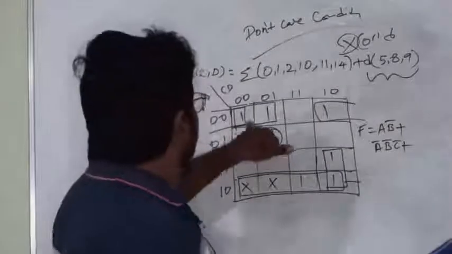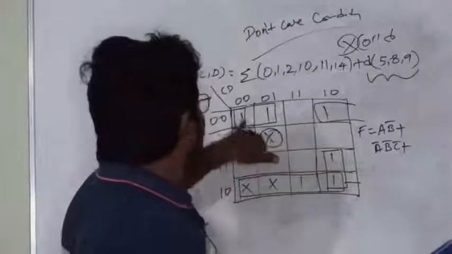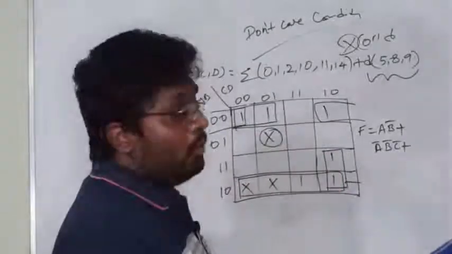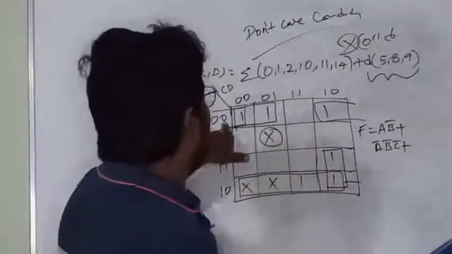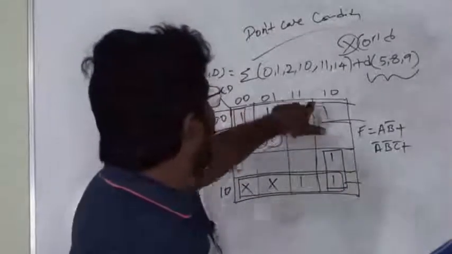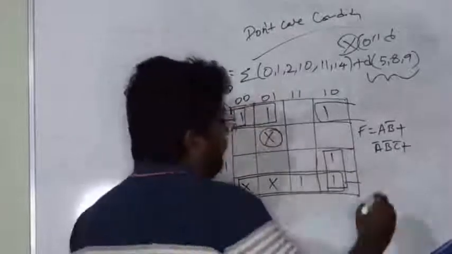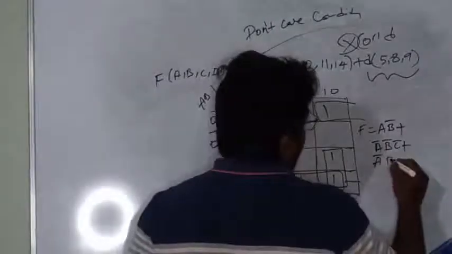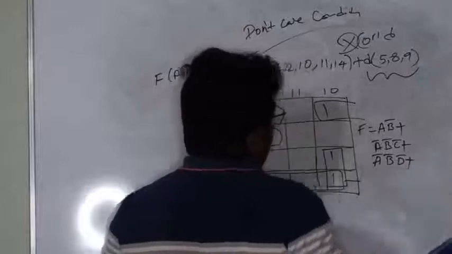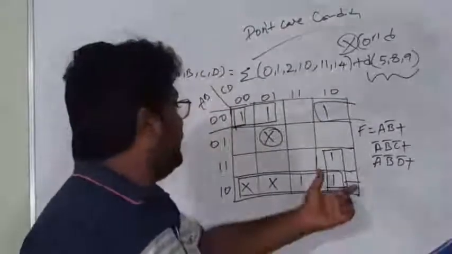Plus, next take this pair, 0 0 0 0 and 0 0 1 0. A and B values are not varying, the C value is varying and the D value is not varying. So it will be A complement B complement D complement. Plus, finally this pair.